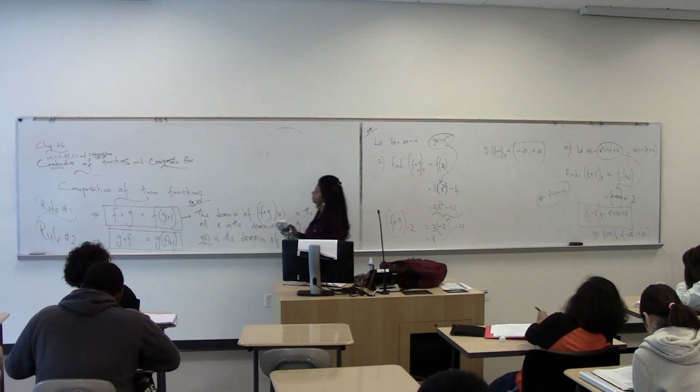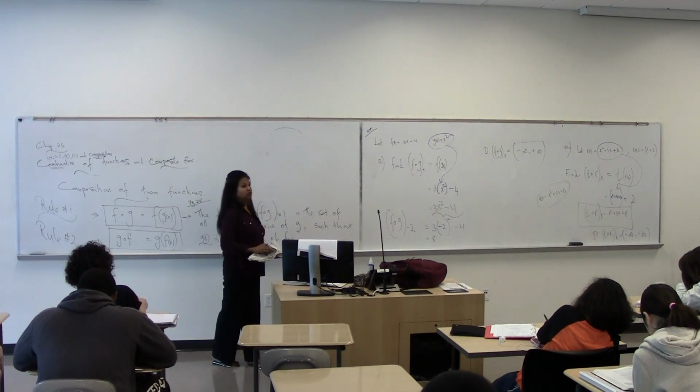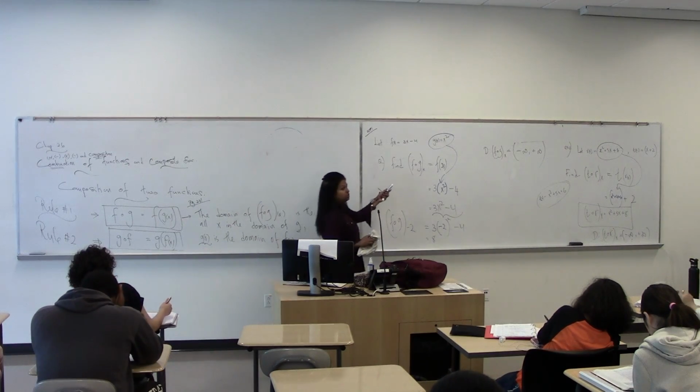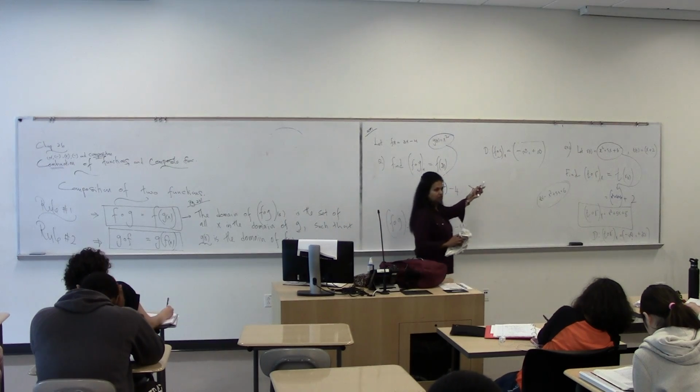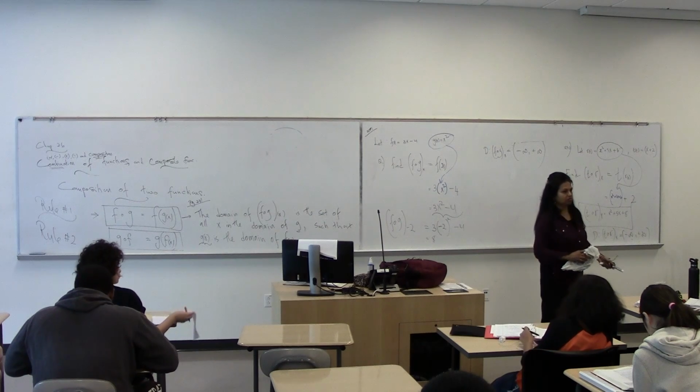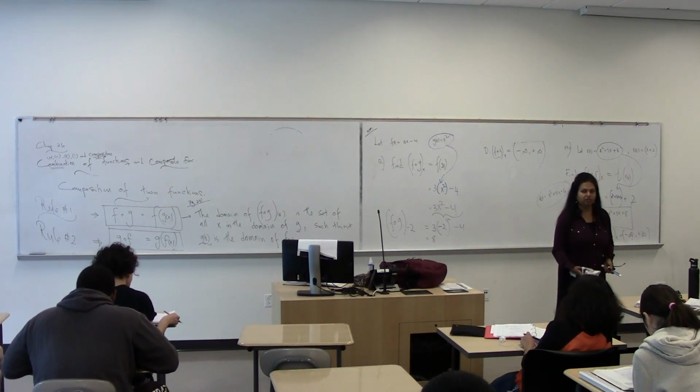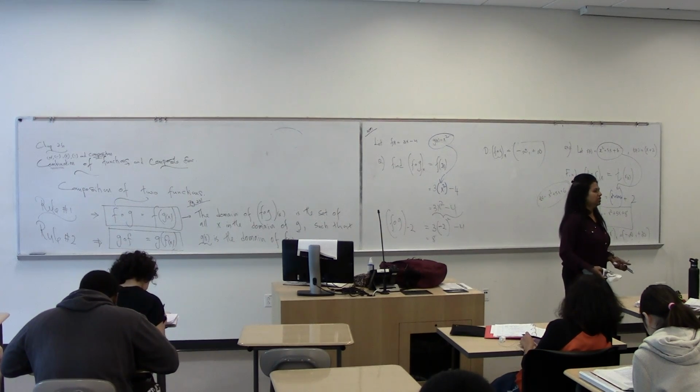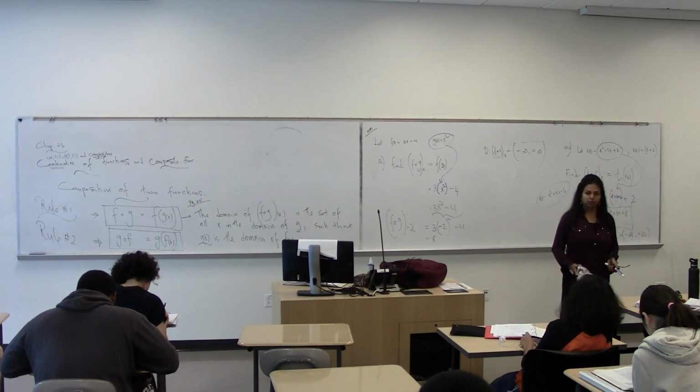Sometimes you will have a rational function for R of x. Then you need to give the domain of R of x using those restrictions, take the restrictions away, and then write the domain in interval notation.